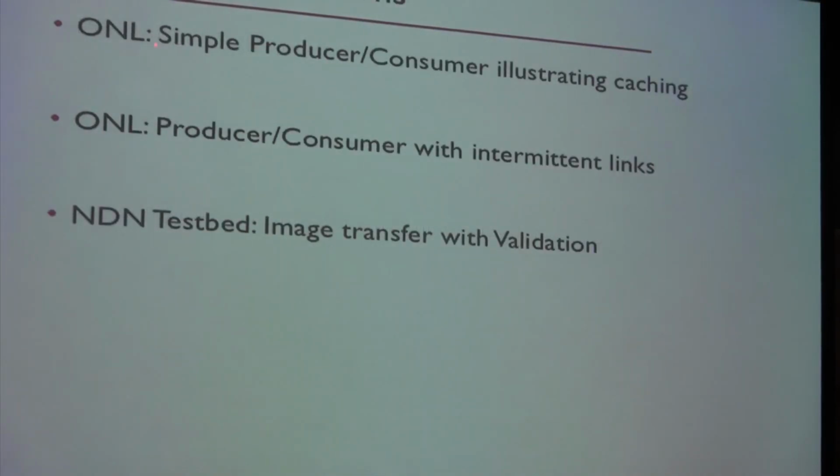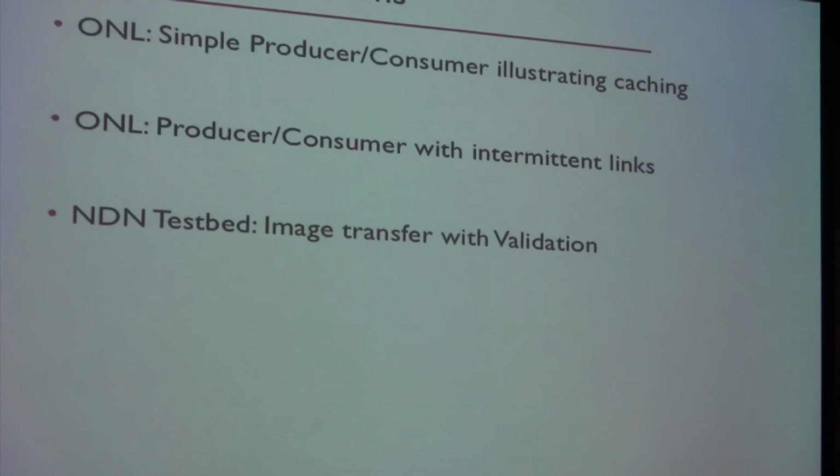Okay, so the 3 demonstrations I have planned. The first 2 will be on ONL. The first is a simple producer-consumer that's going to illustrate caching. So you'll visually be able to see that caching is taking place in the NDN forwarders.